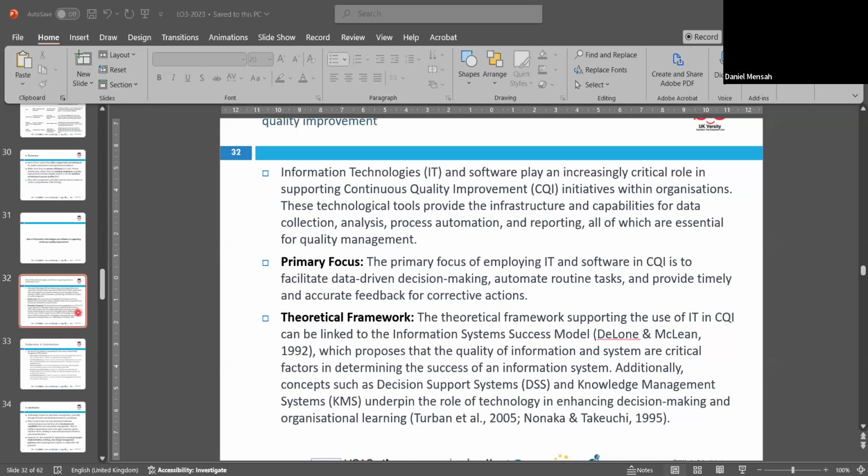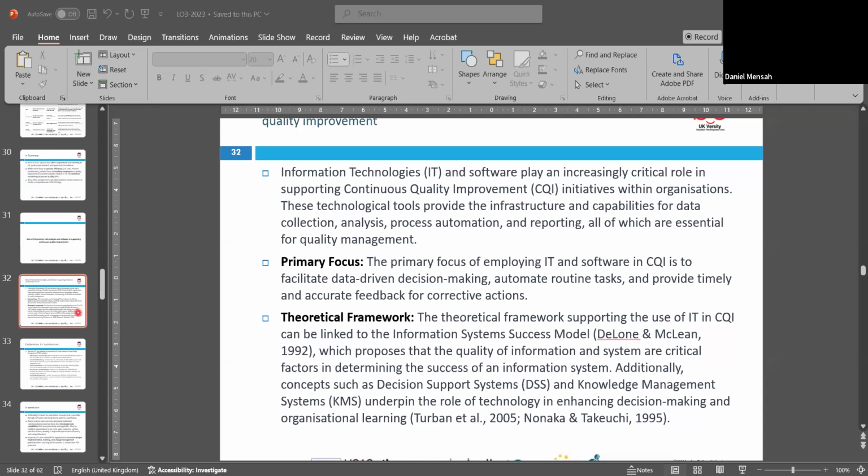If you have the wrong information, it gives you the wrong data, and based on the wrong information, you will be led toward the wrong decision, which could be a disaster for your organization, or maybe give you a suboptimal result in the system. So the quality of information is crucial if you are utilizing information technology in the field of continuous quality improvement.